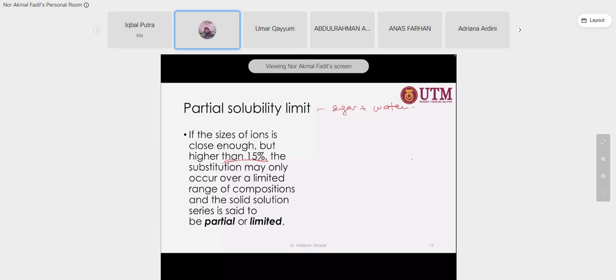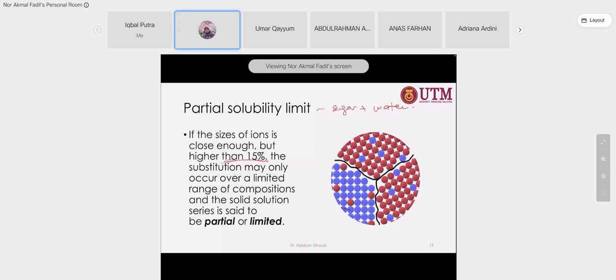The substitution may only occur over a limited range of composition, and the solution series is said to be partial or limited.